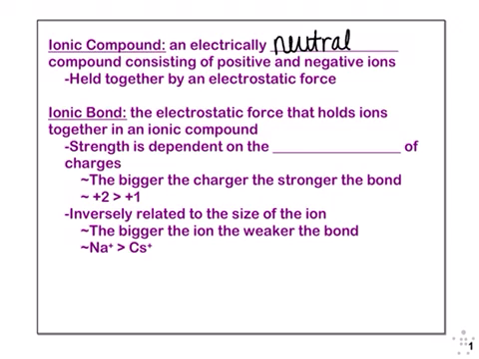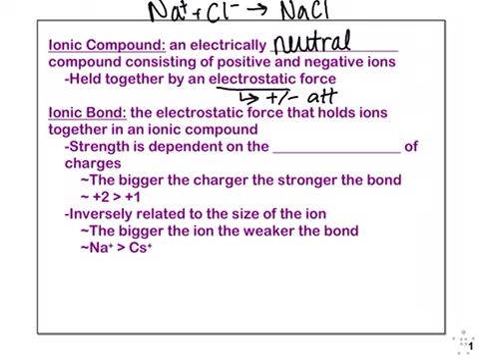We know this from last chapter because we would always balance out the charges so that they would equal 0 when they form the compound. So they are electrically neutral, and they are held together by electrostatic force. And electrostatic force is just a fancy way of saying the positive-negative attraction.